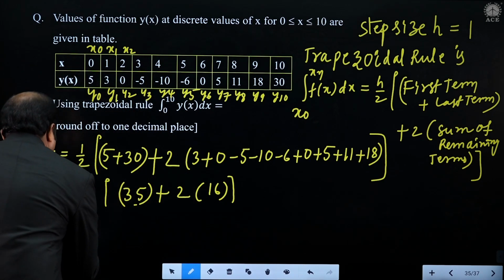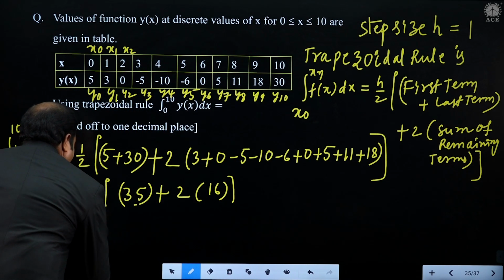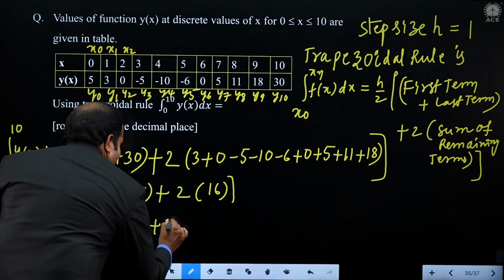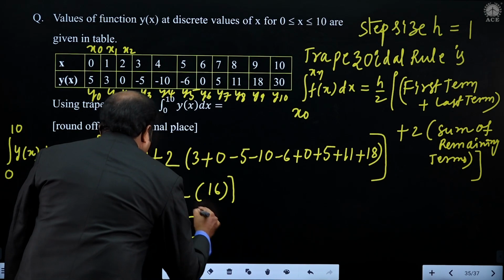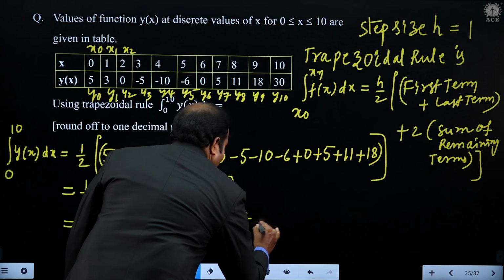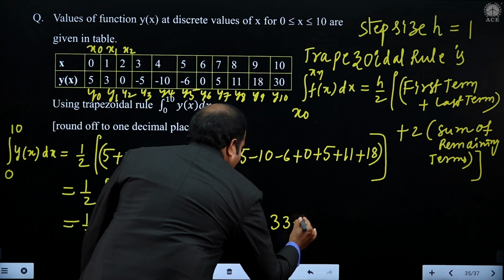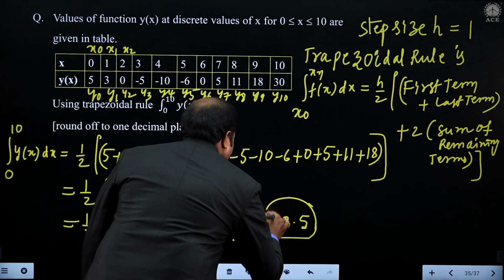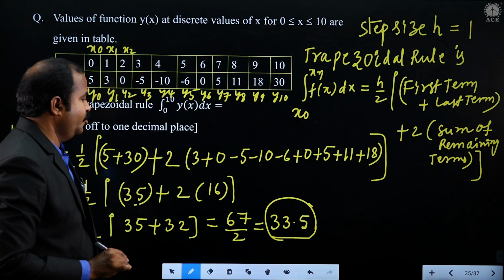So equivalent to 1 by 2 into 35 plus 32, equal to 67 by 2, equal to 33.5 only. So the final answer is 33.5.